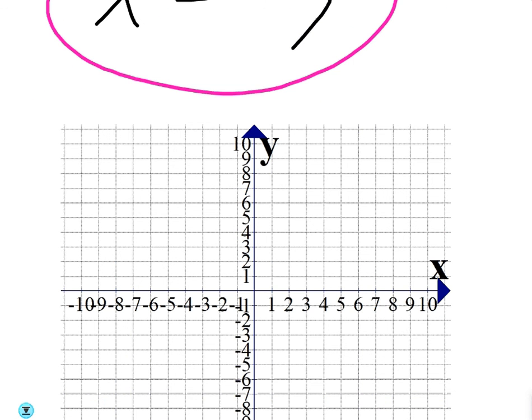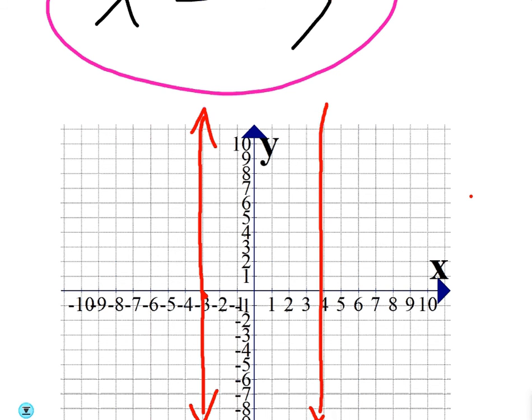So we'll go right here because x equals -3. And then you just draw a vertical line there. Okay? So if it was x equals 4, for example, you would draw a vertical line at 4. That's it. Those are all the types of lines you can have.